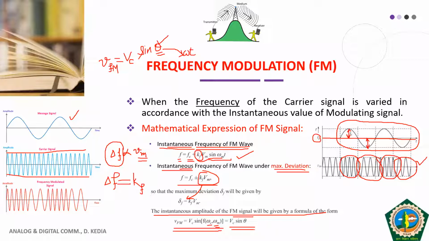Okay, so with this you can see that we have come to the instantaneous amplitude of the FM signal, which has its instantaneous frequency defined in terms of carrier frequency and the deviation. So I hope all of you have been able to understand mathematically the concept of frequency modulation.